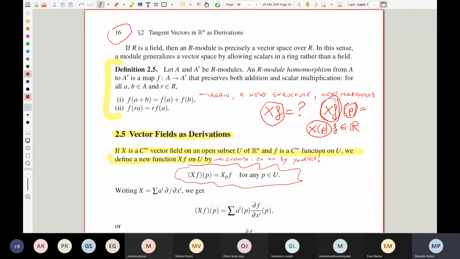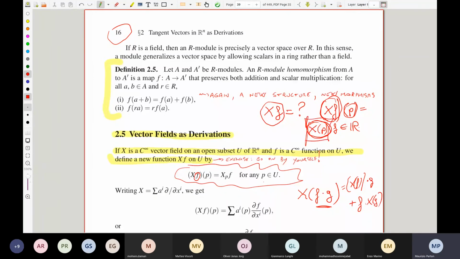And you know what? This action on functions, since it is given by directional derivative, can you guess what happens when I take the function associated to the product of two functions? Well, it's a derivative. So it will be the derivative of f times g plus f times the derivative of g. I mean, of course, it's a derivation.